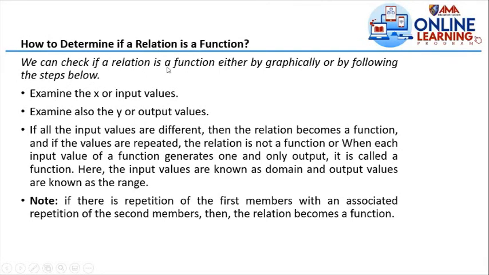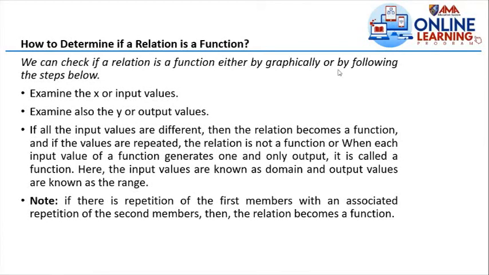So we can check if a relation is a function either by graphically or by following the steps below. So first, examine the x or input values. And then examine also the y or output values. If all the input values are different, then the relation becomes a function. And if the values are repeated, the relation is not a function.